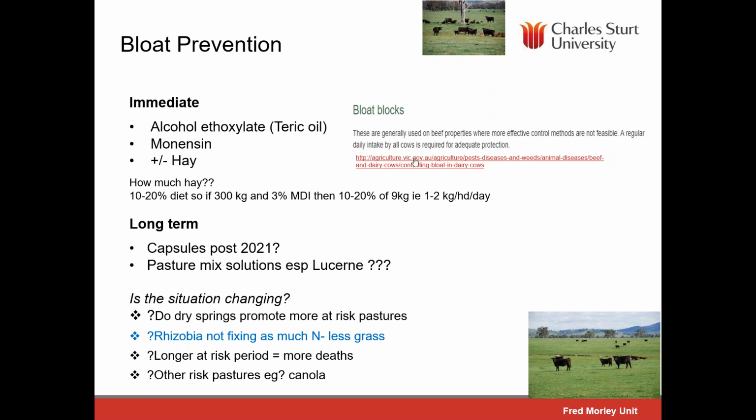I've just put a quote there from the Department of Victoria suggesting that on beef properties, the more effective control methods that are used on dairy farms are not feasible, so that you need to use these less effective things. So even though blocks and licks are effective, their problem is you can't guarantee the animal is getting it day in and day out, which is what's needed to stop bloat with any of these treatments.